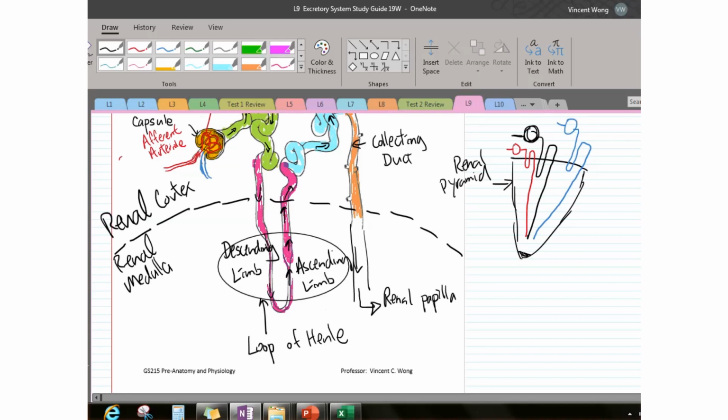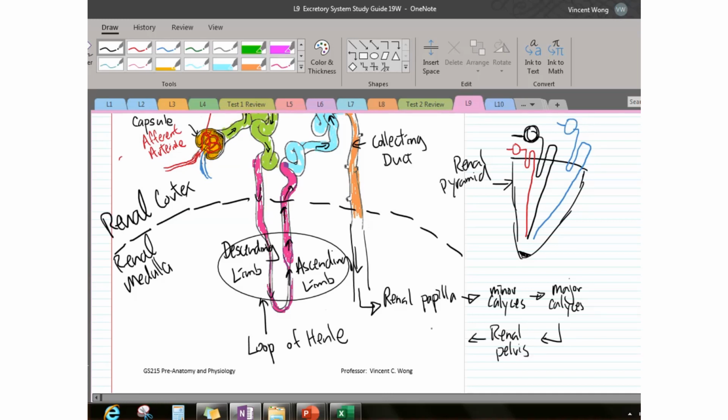Which is here, renal papilla. And outside of the papilla, you have the minor calyx. Right, so we did this earlier in another video already, but let's go through it one more time. From the minor calyx, they converge together to form the major calyxes. And then from that, we go to the renal pelvis.